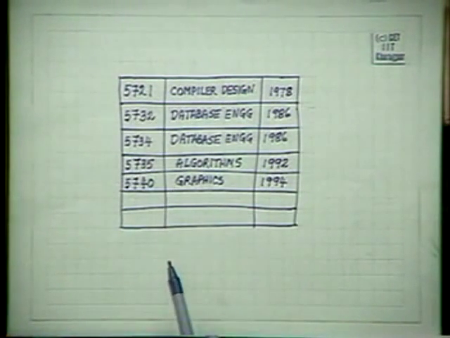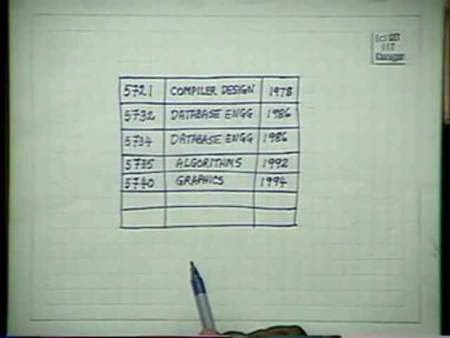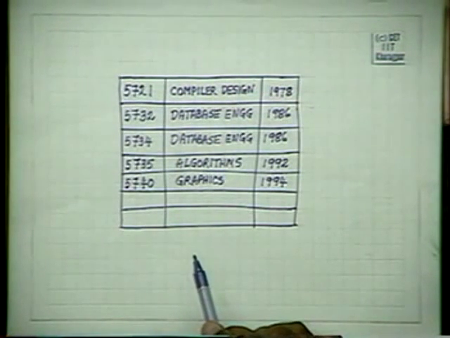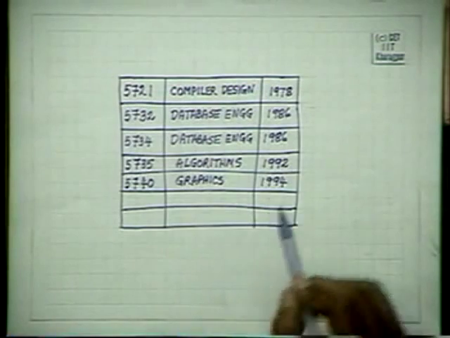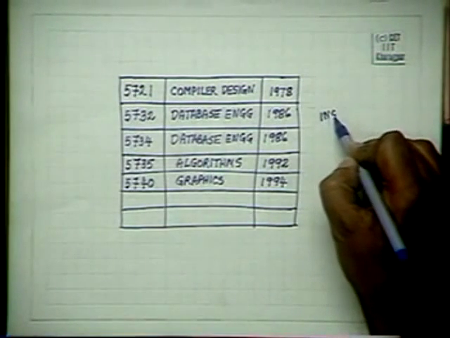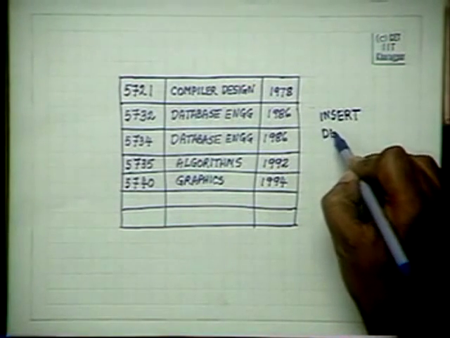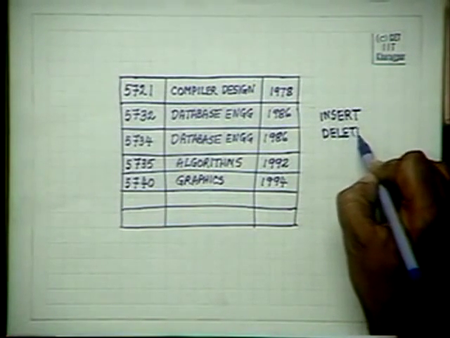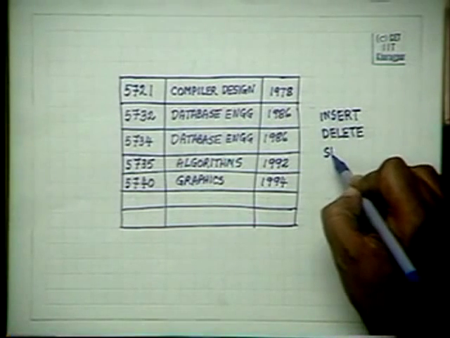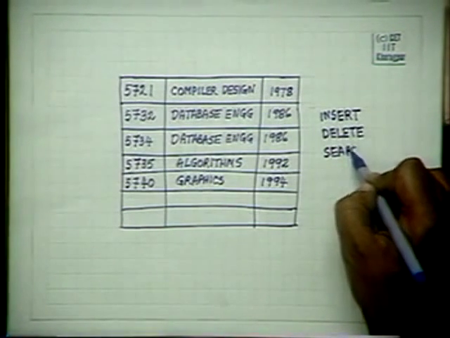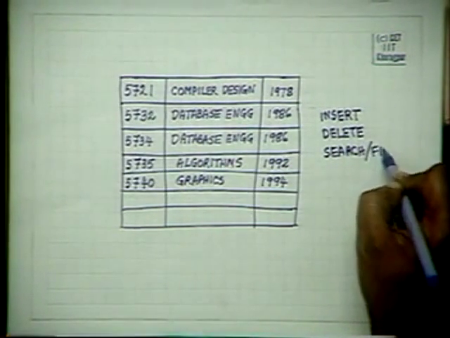This is how suppose they are stored. Now let us see what we will have to do for insertion, what we will do for deletion. So we have got three major operators: insert, delete and search, or find.